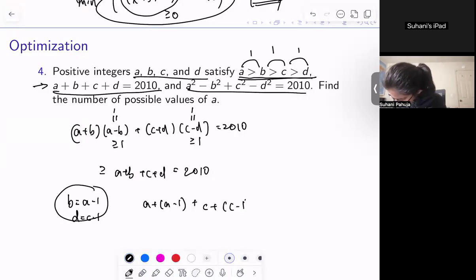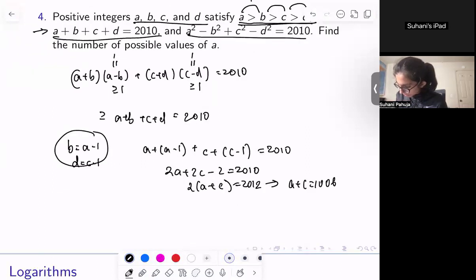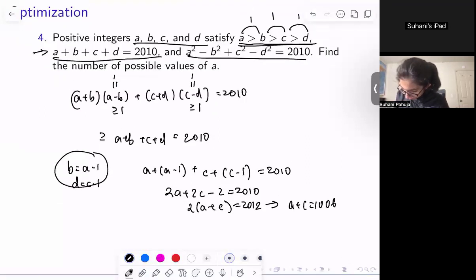minus 1 is equal to 2010, which gives us that 2a plus 2c minus 2 is equal to 2010, which means that 2 times (a plus c) is equal to 2012, which means that a plus c is equal to 1006. And so from here we can easily see that the maximum value of a has to be 1004.